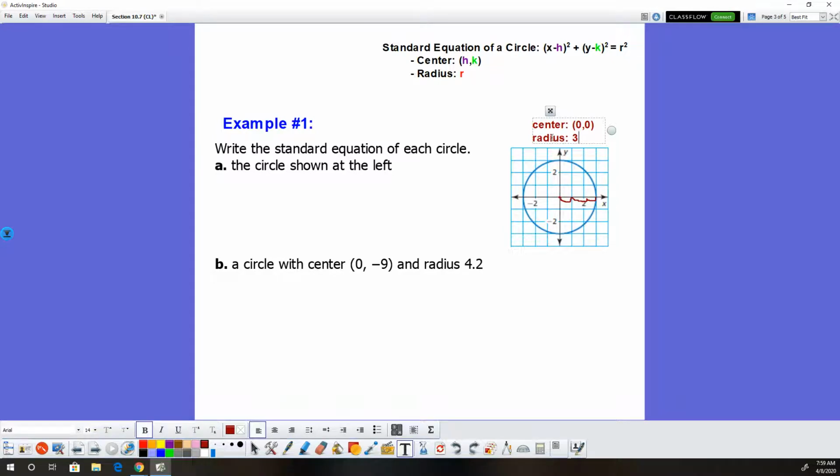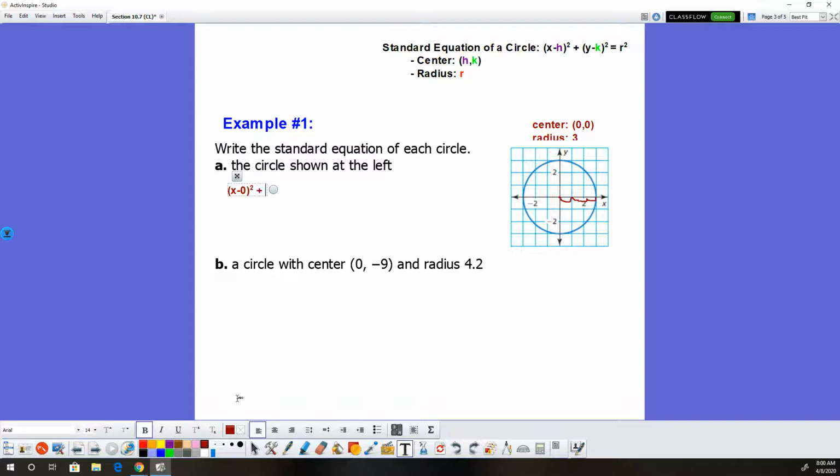is 3. So when I go to write the standard equation of a circle, it'd be x minus h. If you don't know what your h is, all you have to do is look here. Your h is the x coordinate of your center. So here it's 0 squared, which I'm going to make a superscript.